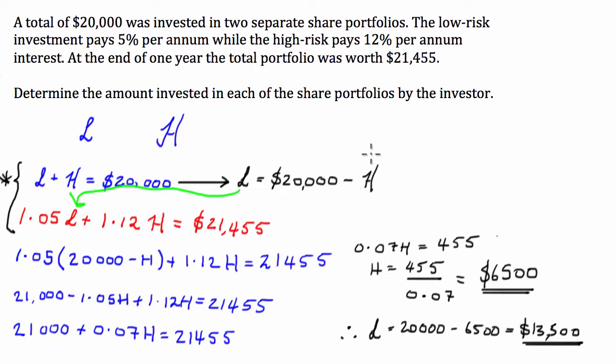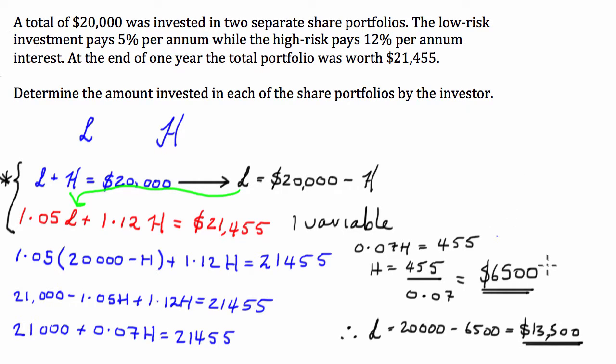So I made it L in terms of H. We then substitute it into the second equation, so we have the equation in terms of one variable, and that's very important. So once we had the equation in terms of one variable, we then collect all our like terms, simplify it out, and then solve for the variable that we've left over.